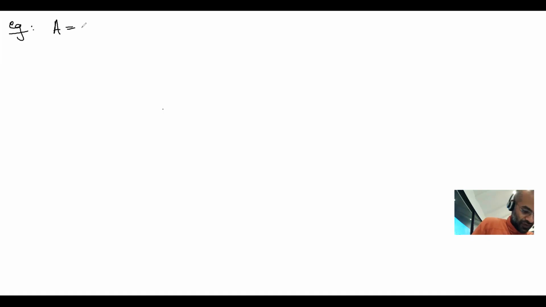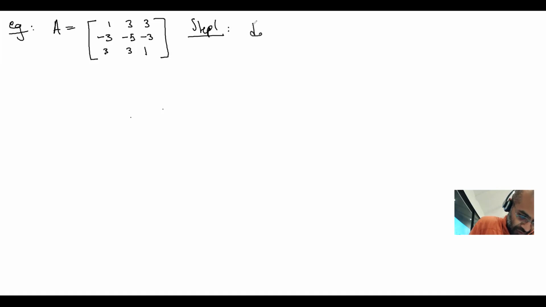So here's a fairly involved matrix, which is pretty impossible to find the eigenvalues of just by eyeballing it. It's a 3 by 3 matrix. So what's step one? Well, I need to find the roots of the characteristic polynomial, so I need to find the characteristic polynomial.